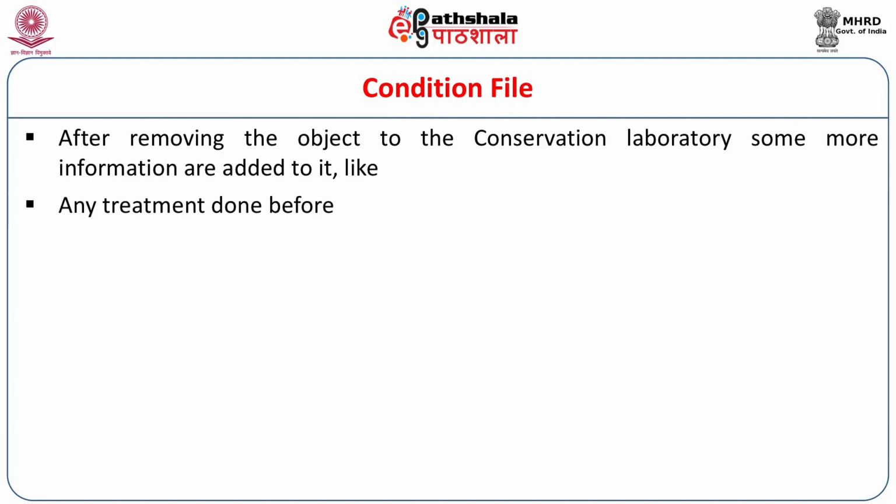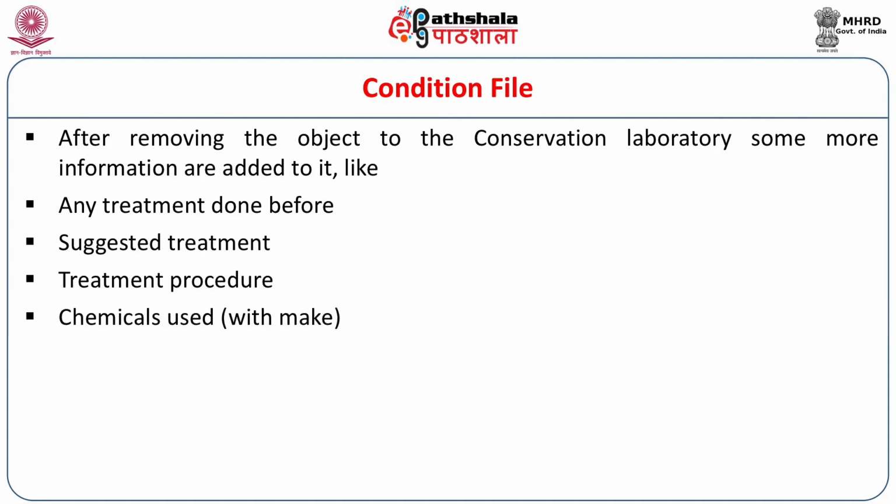After moving the object to the conservation laboratory, some more information is to be added to it. These are any treatment done before that particular treatment, the suggested treatment which has to be done in the next phase, and the actual treatment procedure.